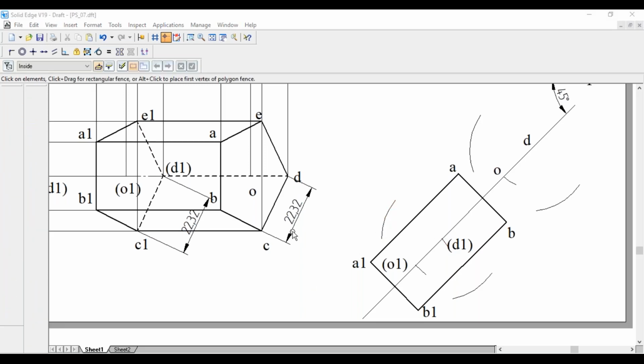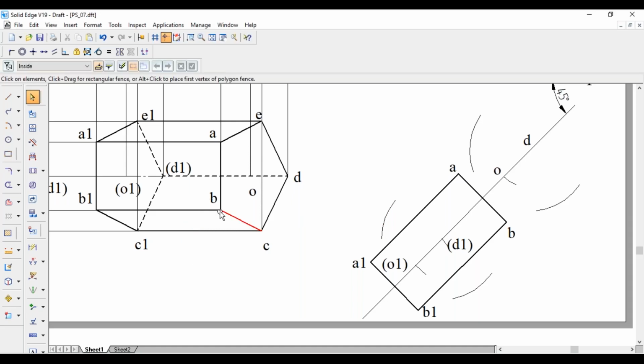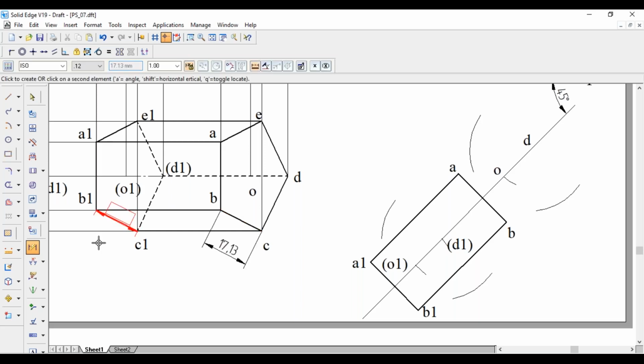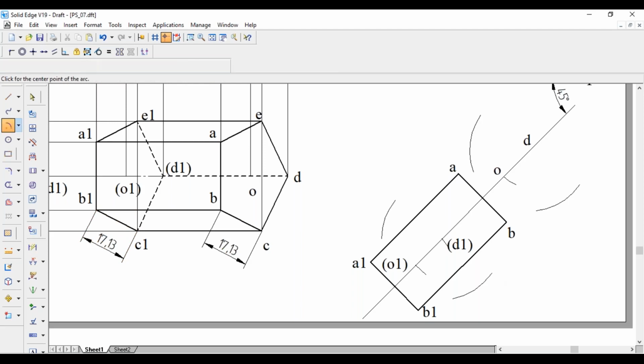So next. Now once again the line length, that is BC is equals to AE is equals to B1 C1 is equals to A1 E1. That is 17.13. This is also 17.13. This is also 17.13. Now B1 as center, 17.13 mm as radius. Draw an arc.